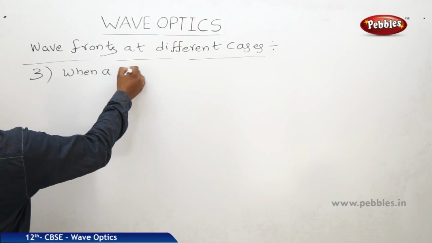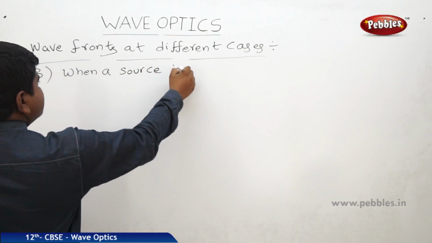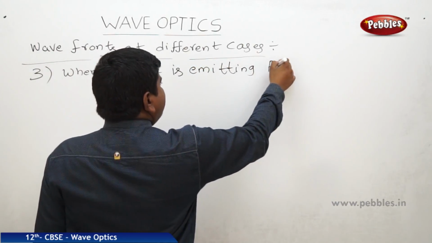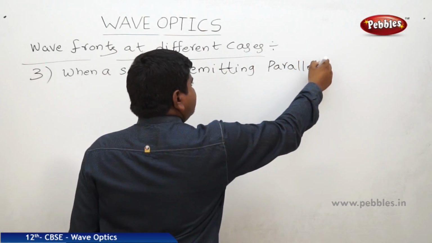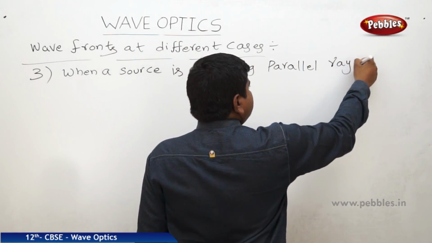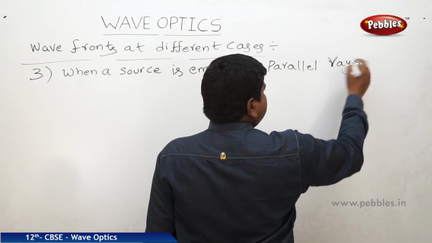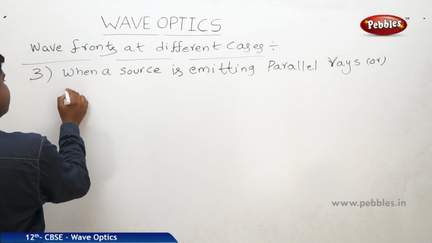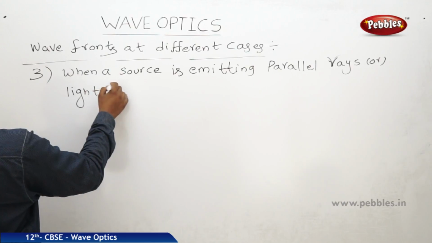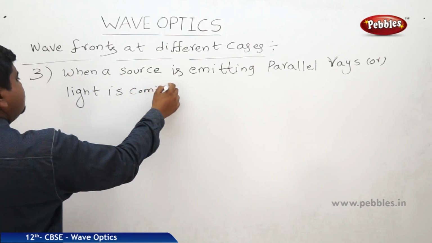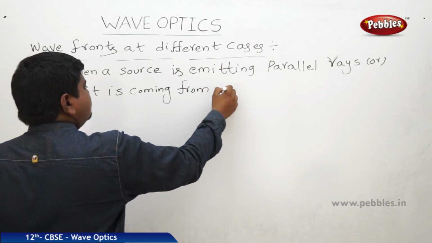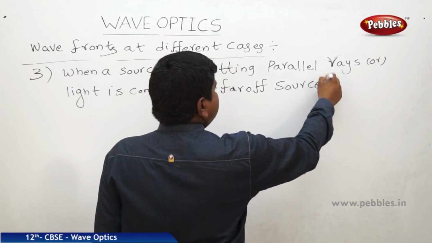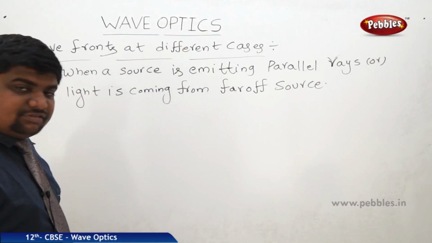When a source is emitting parallel rays, or light is coming from a pair of sources, in this case the wavefronts will be like this.